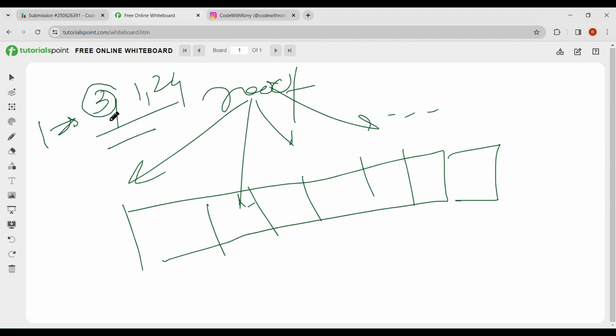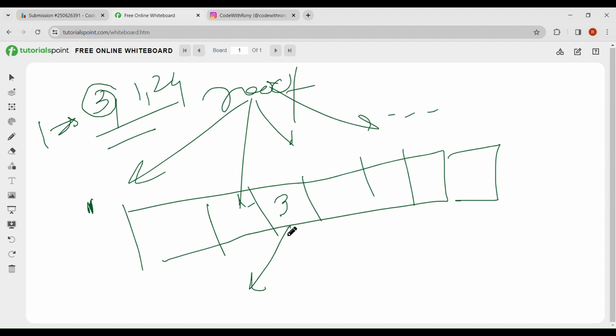So for one, this is the first value. I will check whether, out of the given arrays, permutations, there is any position where one exists at the third position. If it exists, we will go for the next position, the second one.